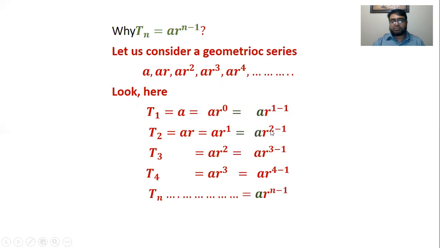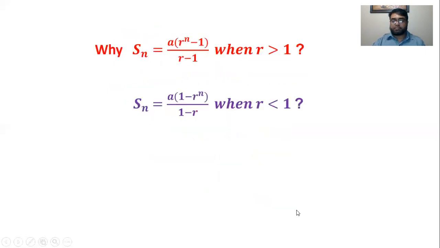But the change is 1, 2, 3, 4, along with the position of the terms 1, 2, 3, 4. So they have a relationship: the position, minus 1, gives r's power. So here Tn is ar to the power n minus 1.